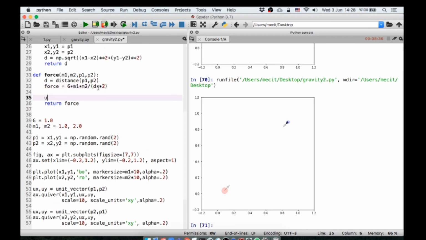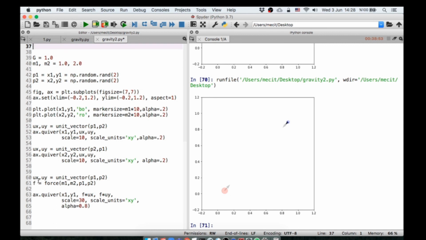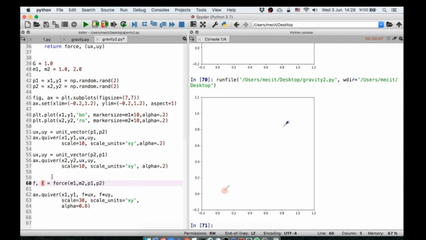So unit vector x and unit vector y are the unit vector from P1 to P2, and then I can return ux and uy as well in my force function. Therefore, I don't need this line anymore, but ux and uy, I can get them directly from my force function.